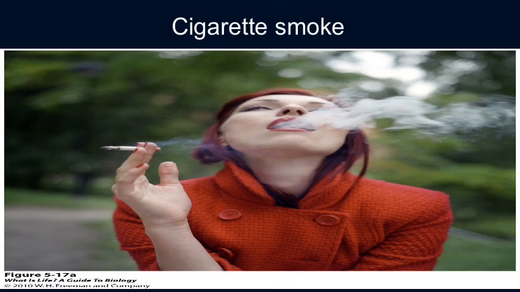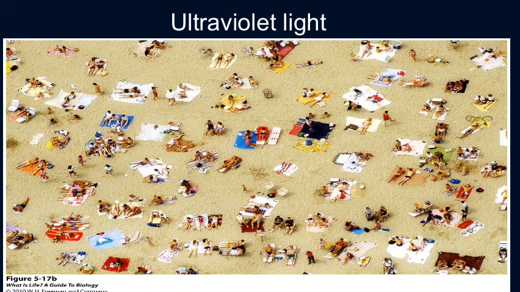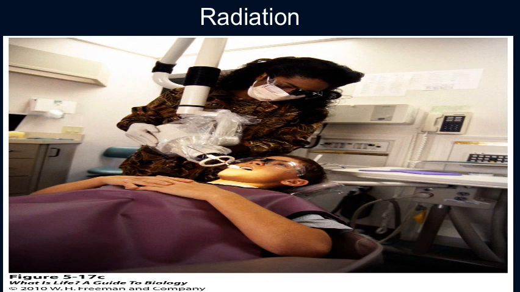So again, we know that cigarette smoke mutates your DNA. Ultraviolet light mutates your DNA. Radiation mutates your DNA. That's why the dental technician leaves the room. And that's also why you wear the lead shield.